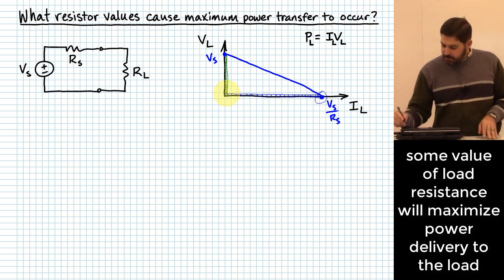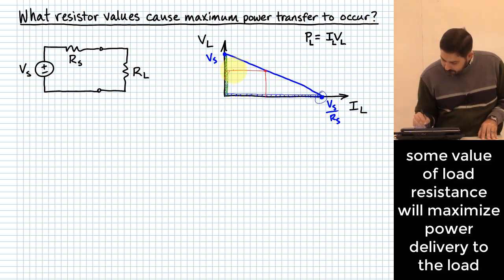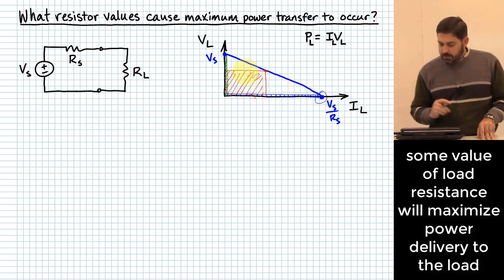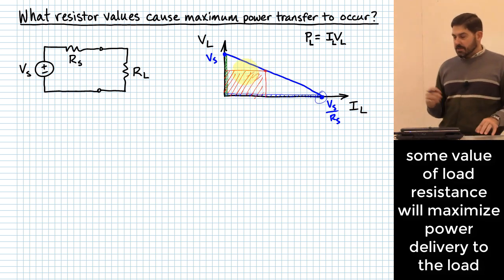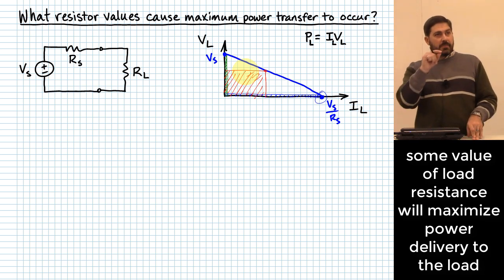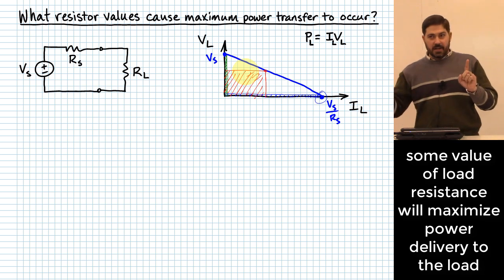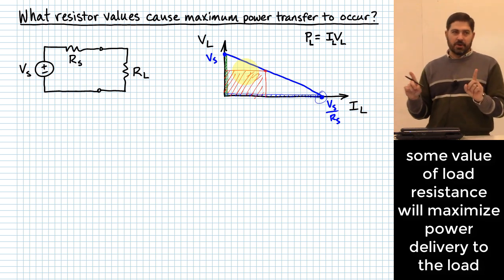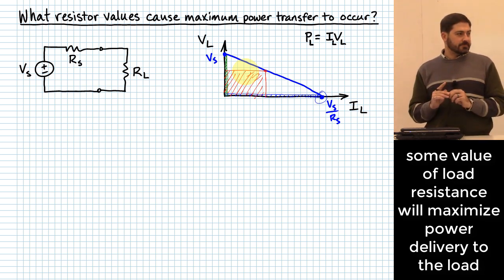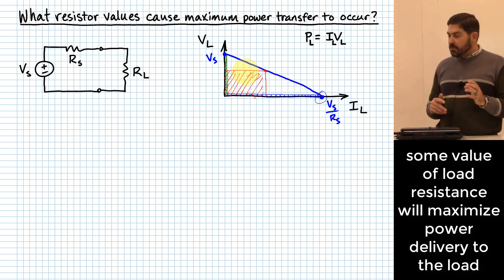Okay, let's take a third possibility. What if you're somewhere here in the middle? The power you're delivering is graphically represented with the area of that little rectangle for some other value of RL, not 0, not infinite. How do we figure out two things?